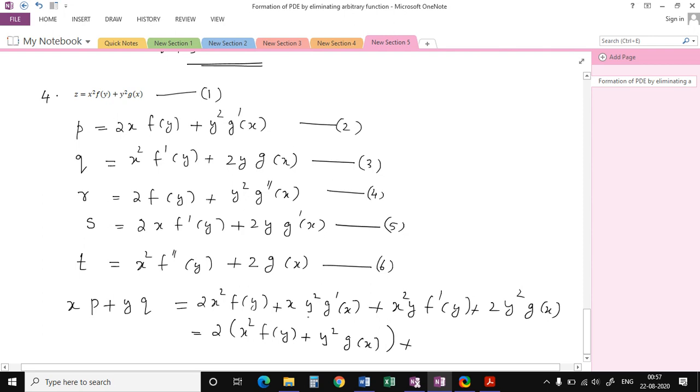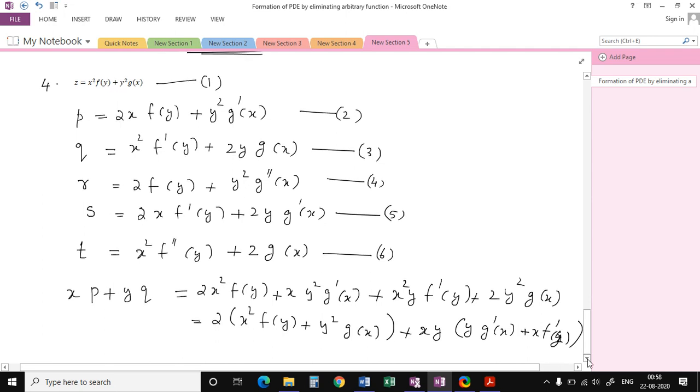So you can see there is a common factor, that is xy. So if you are taking the common factor outside, you can write xy into y g dash x plus x into f dash y. So that is x into f dash y. This is f dash y.